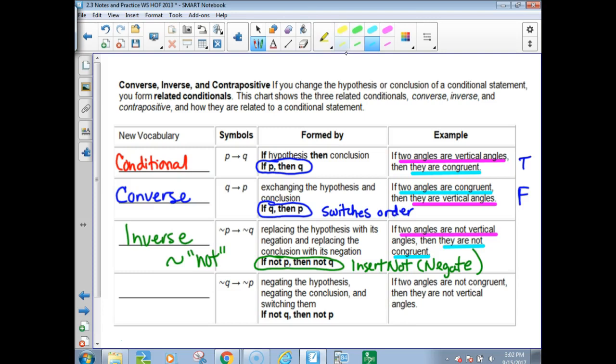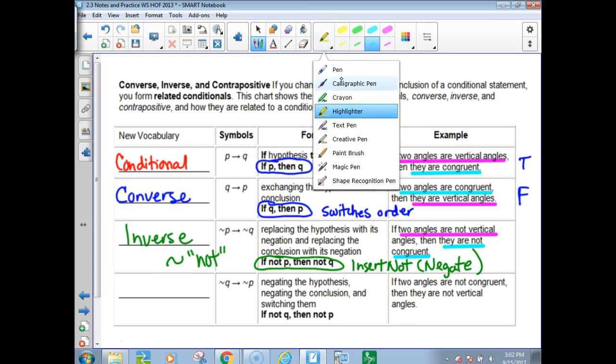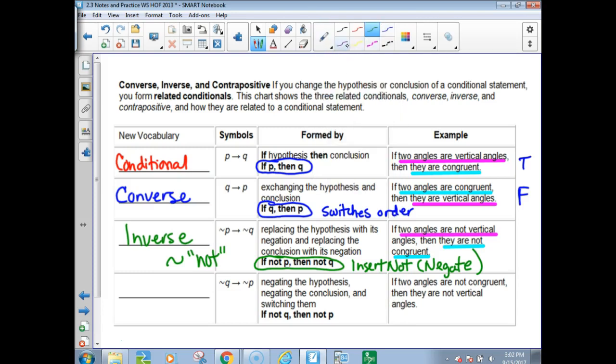Now, the last one is this big old word, and that big word is the contrapositive. What that does is it negates the hypothesis and the conclusion and switches them.